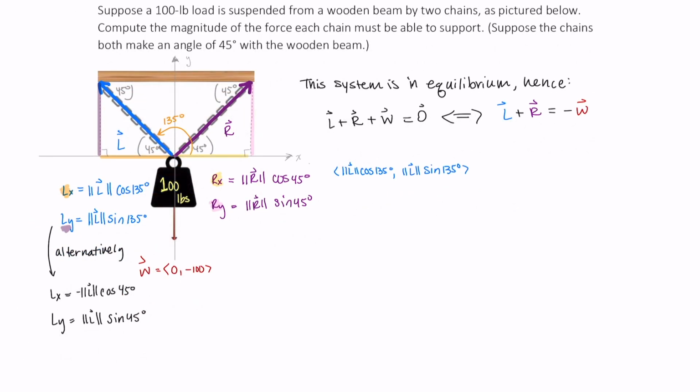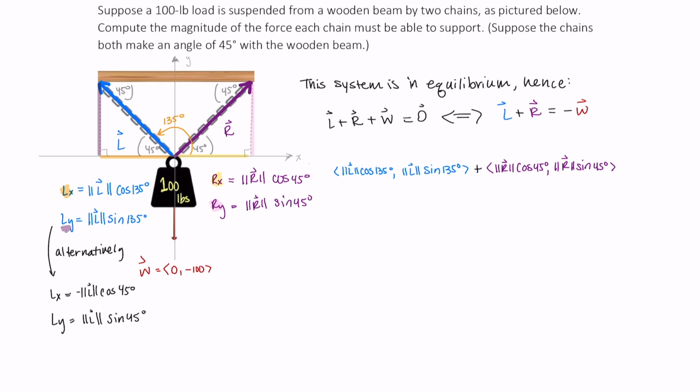All right, there, so I resized my screen, and I also color-coded these, so we know that this is L in blue. And then to that, I'm going to add the R vector in purple. So this is the magnitude of R times cosine of 45 degrees. And then again, the magnitude of R times sine of 45 degrees.